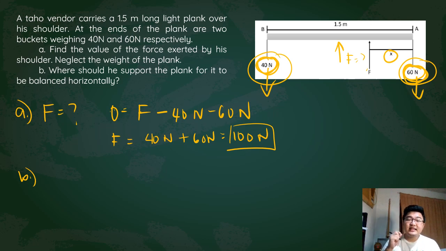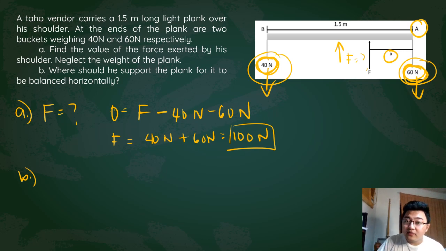Let x be the distance from end A. We will consider this as end A, and the distance from end A to the shoulder of the taho vendor will be x. So let x be the distance from end A to the point of support of the shoulder.